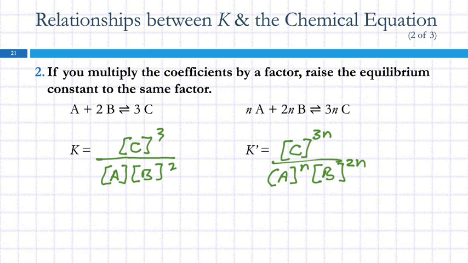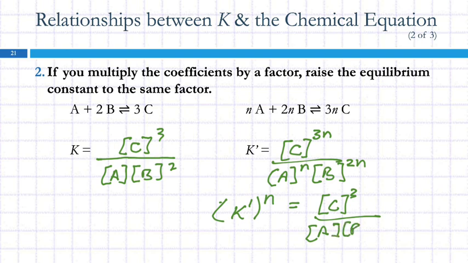We can factor out that exponent and say that this K prime coefficient raised to the n power is equal to C cubed over A times B squared. And that is true whether you're multiplying by a whole number like 2 or by a fraction, like 1/2.